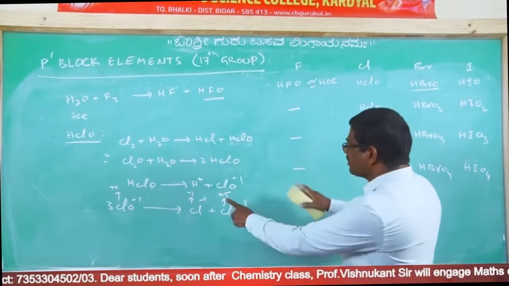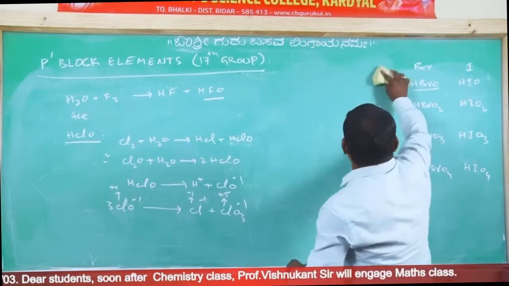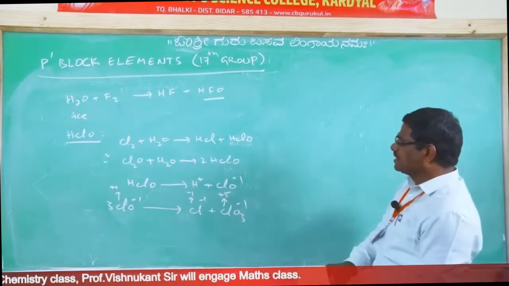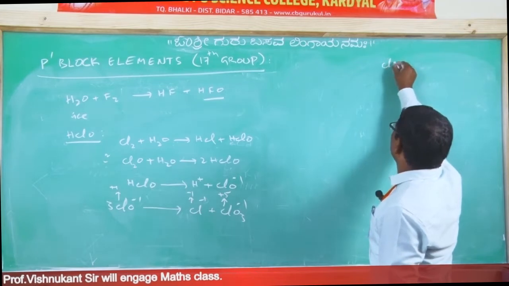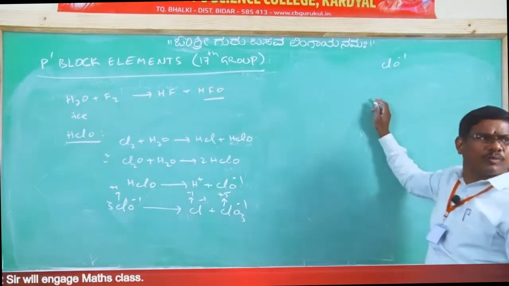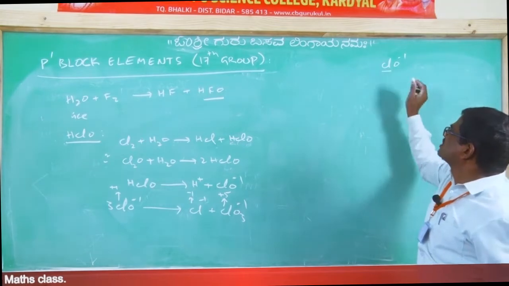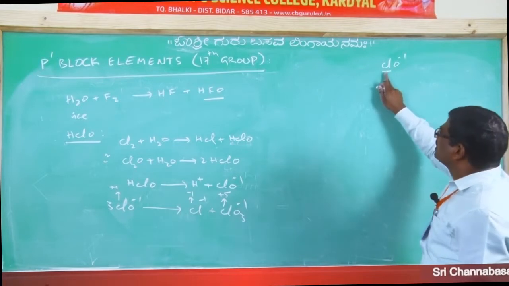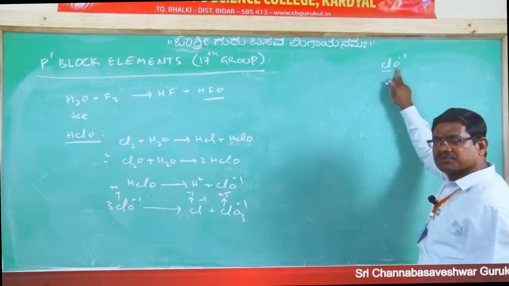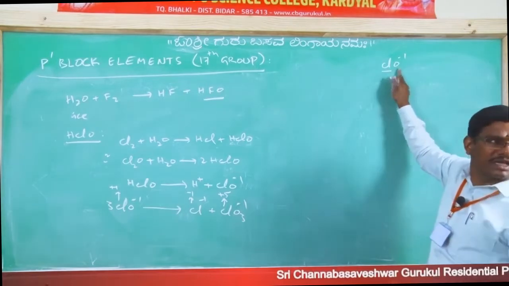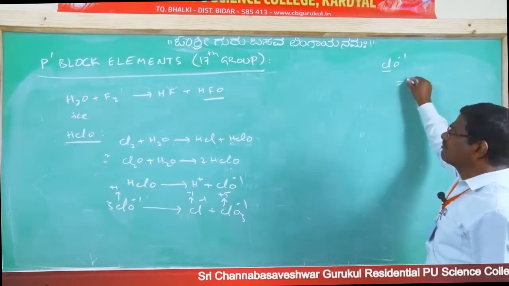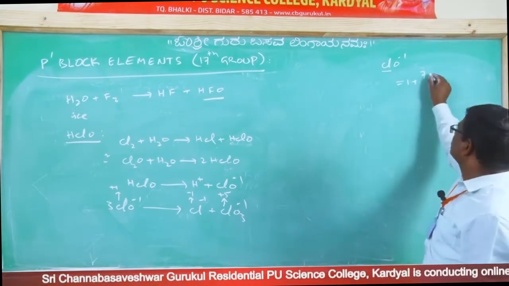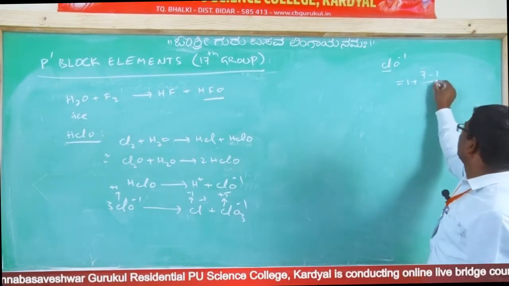Here preparations are not there, and one of the properties let us cover. That is hypochlorous acid. In ClO minus, who is the central atom? Chlorine is the central atom. Oxygen is the attached atom. Right? Around the central atom, how many atoms are attached? Only one atom is attached. So around the central atom one atom is attached, plus group number of central atom is 7, oxidation number of central atom is 1, divided by 2.